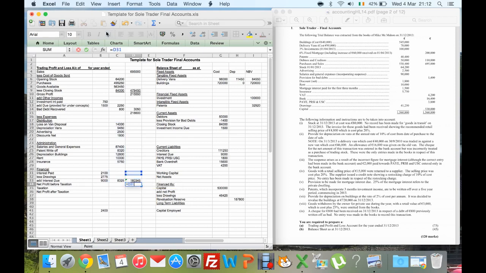Take that figure away from the figure above, and that gives us our net profit. Now in this case it doesn't mention taxation, so I'm going to ignore taxation. So that's our net profit. So that 58, that's on D34, I'll add that in here.